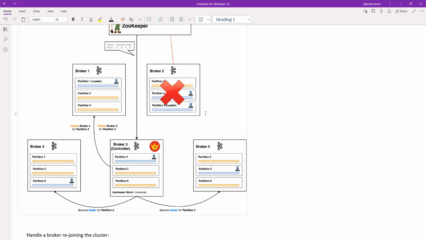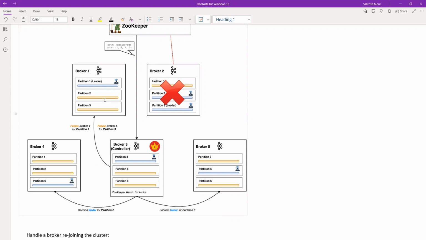So the cluster is completely well balanced. If broker 2 goes down, and the controller assigns the partitions based on current availability, it might imbalance the partition load.